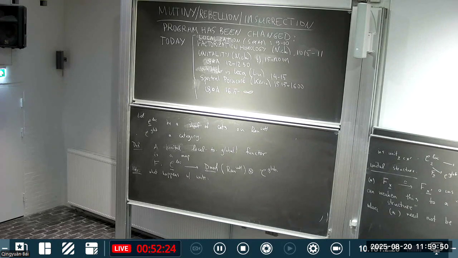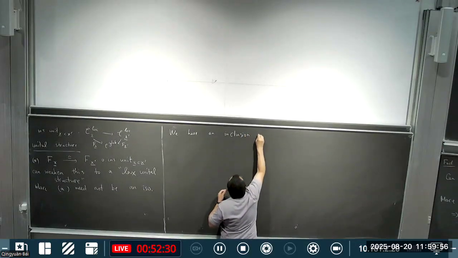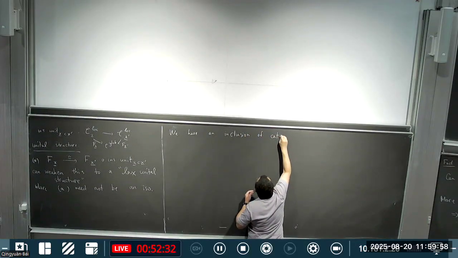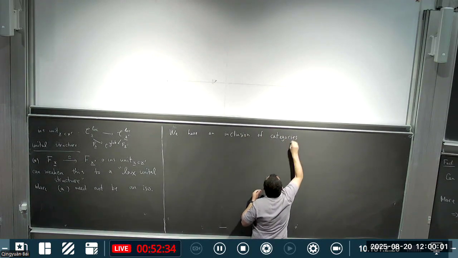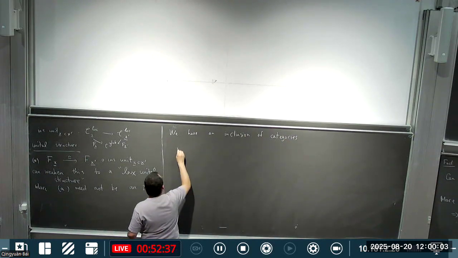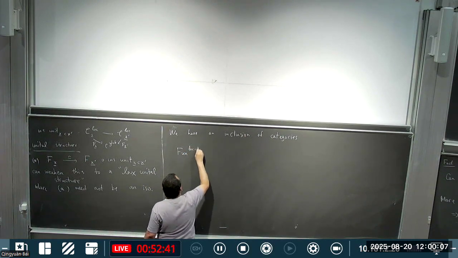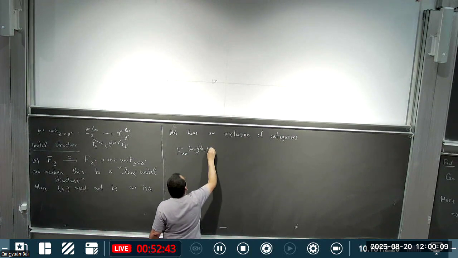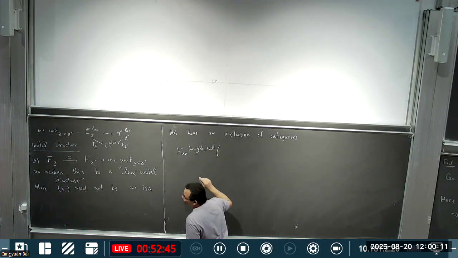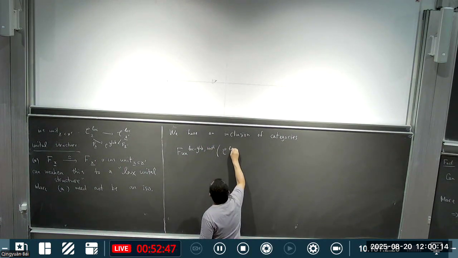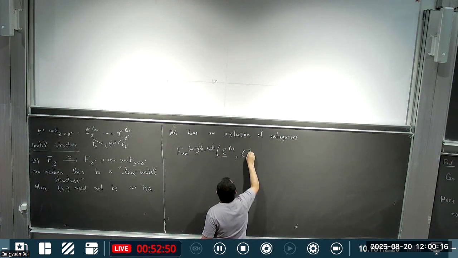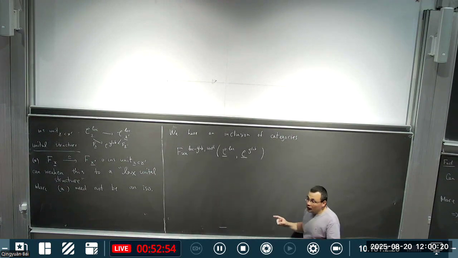And so we have the inclusion of categories, functors local to global, unital, from... I hope it's clear what this notation means.